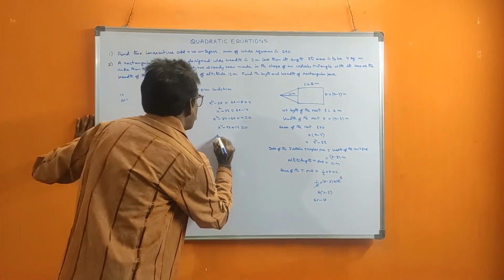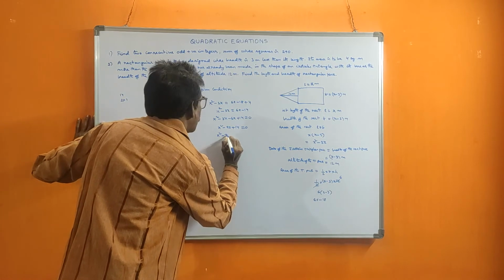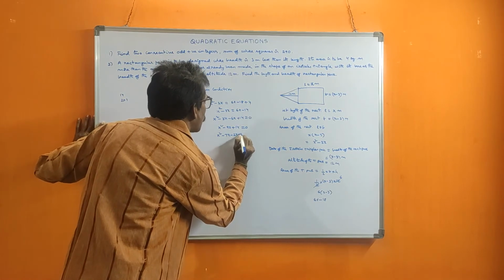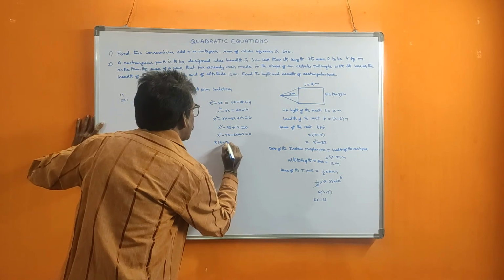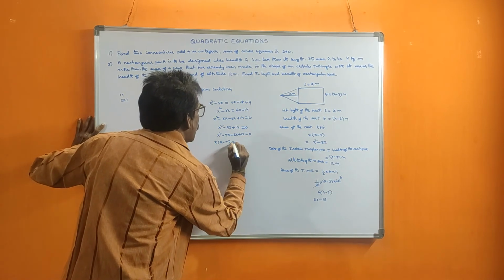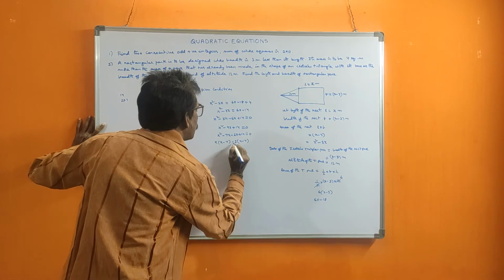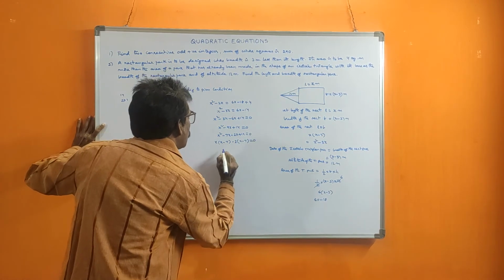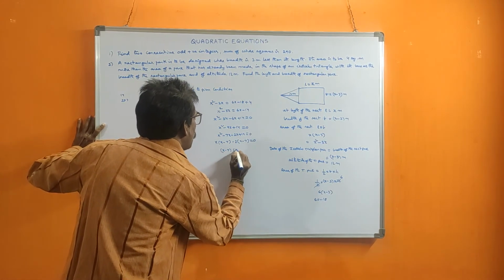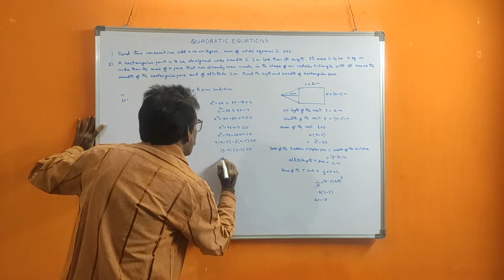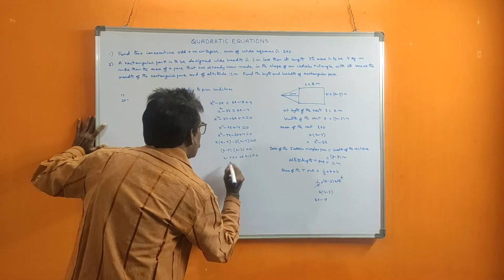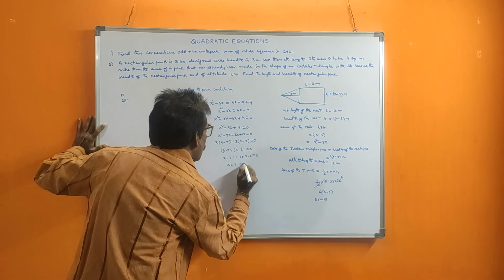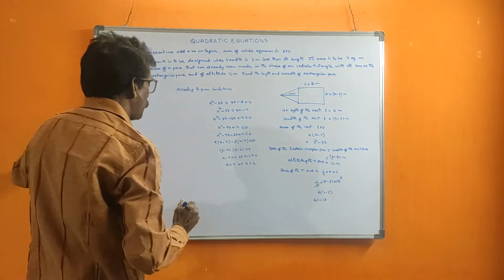So we can split it as x square minus 7x minus 2x plus 14 is equal to 0. Now common: x into x minus 7 minus 2 into x minus 7. Minus into minus is plus. So x minus 7 into x minus 2 is equal to 0. Therefore x minus 7 is equal to 0 or x minus 2 is equal to 0. By this, x is equal to 7 or x is equal to 2.